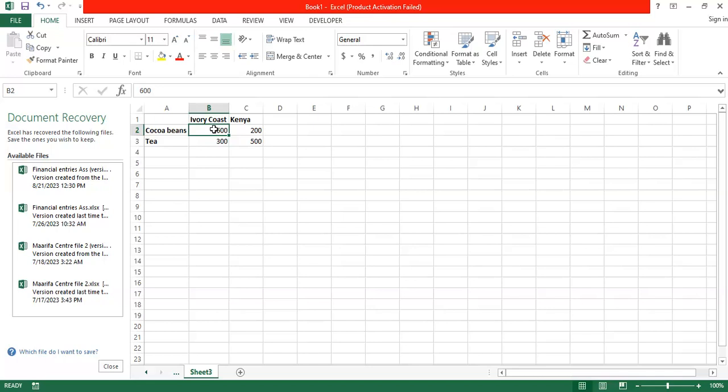An absolute disadvantage where? On tea. Yes, true. So if it has an advantage there, it must have a disadvantage there. With Kenya, absolute advantage is on tea, and then disadvantage is on cocoa beans. That's perfect.